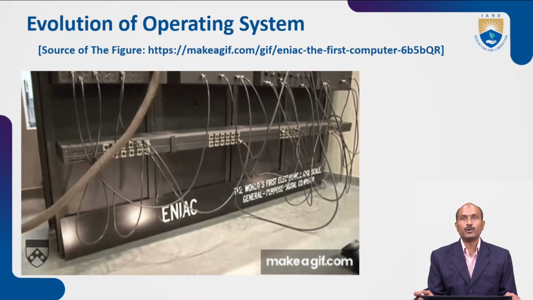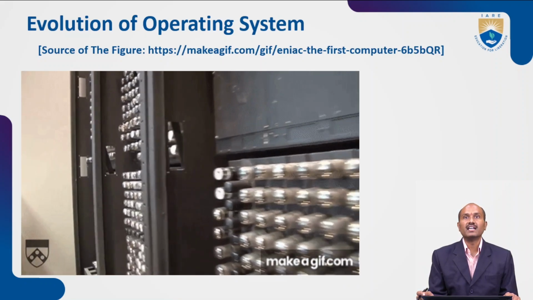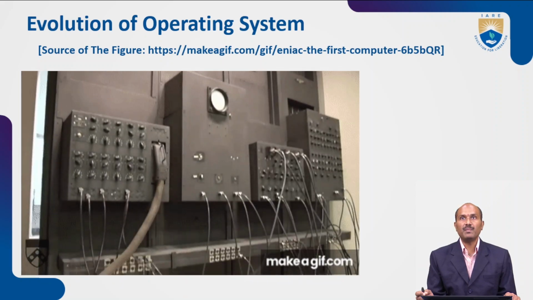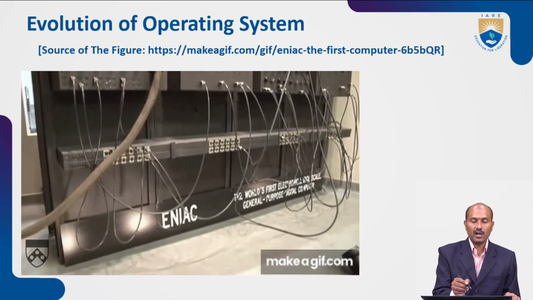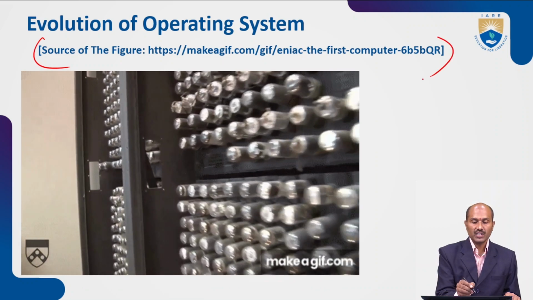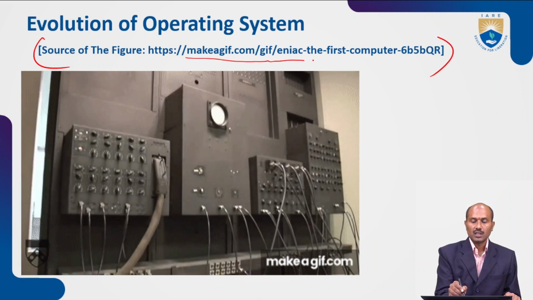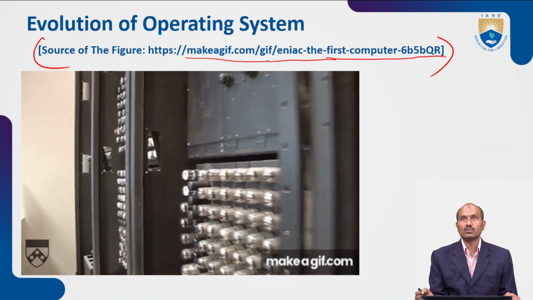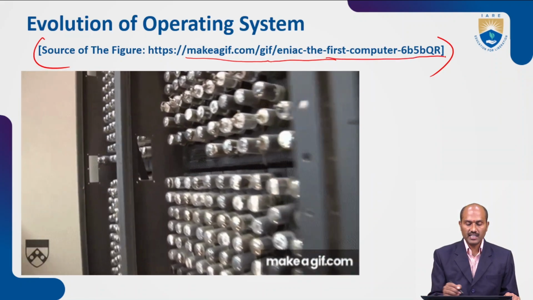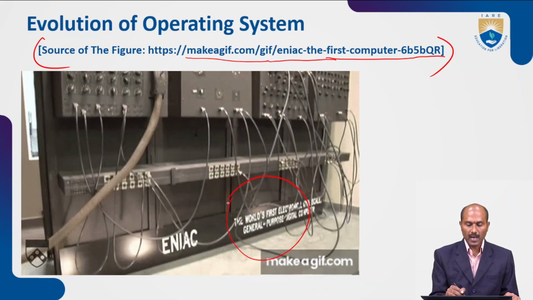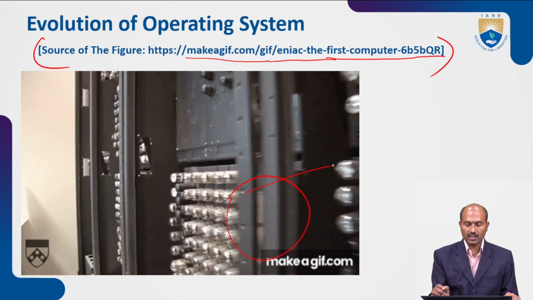So what did the computer look like? I saw this image. This is a GIF image, and I got it from the source file, make gif.com. This is the first computer, ENIAC. See, these are all vacuum tubes, and these are parallel wires. This is the world's first electronic computer.